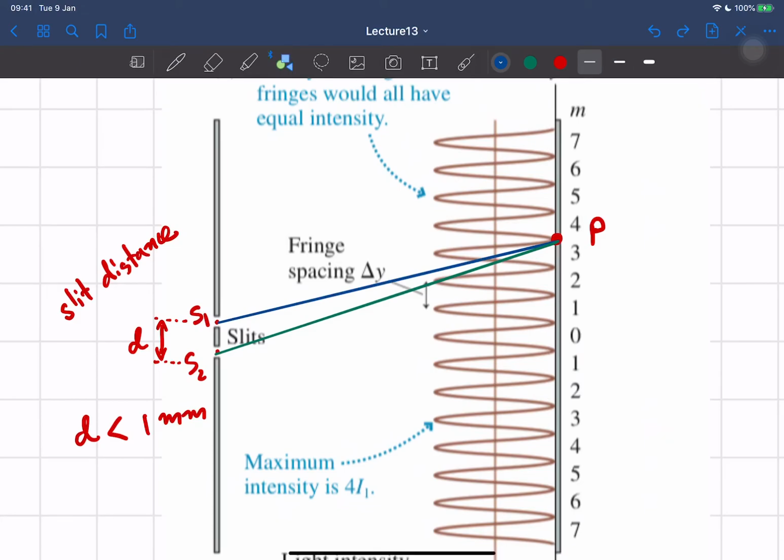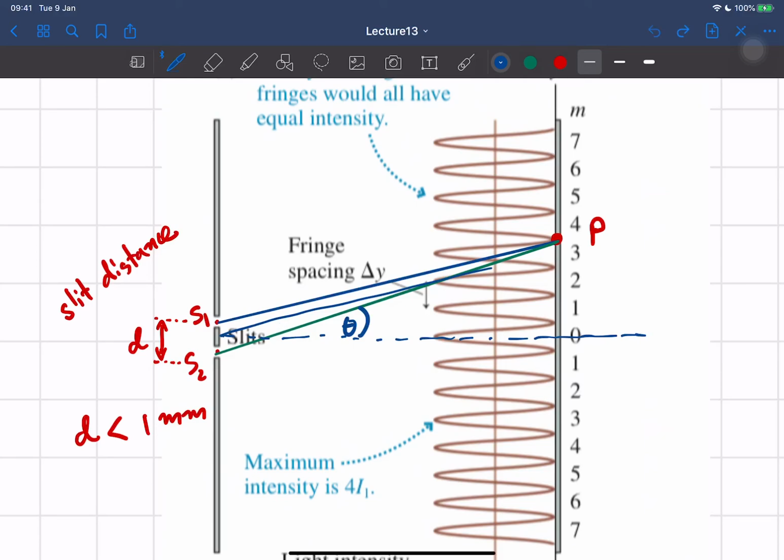If I draw the line going through the center of the slit, like this, going through the center, through number 0 here, I can use this angle to tell where P is. Strictly speaking, it should be this line and this angle here.